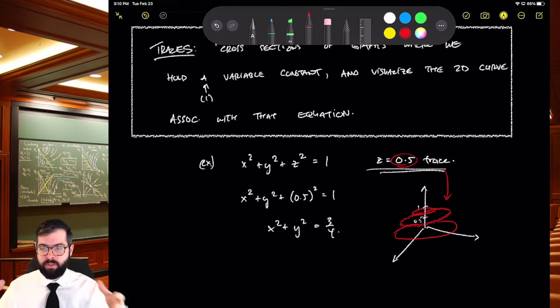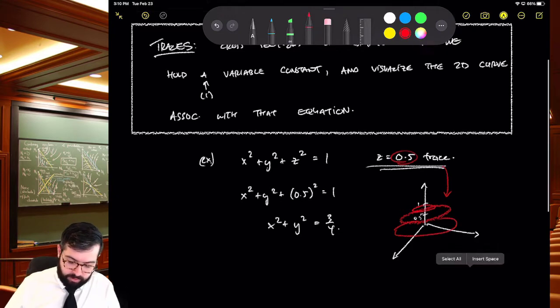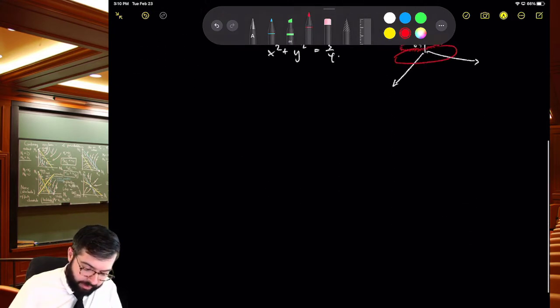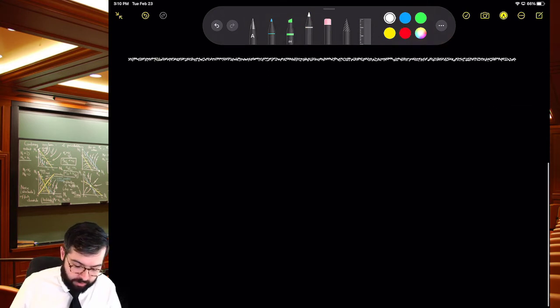If you've seen topographical maps, it's the same exact idea. Concentric rings, just seeing a few of them or a series of them on a 2D paper, your brain can draw in the extra dimension, right? You don't need to actually physically draw it. So it's a nice tool. So that's what we mean by traces, and we're going to play with that when we graph quadric surfaces.